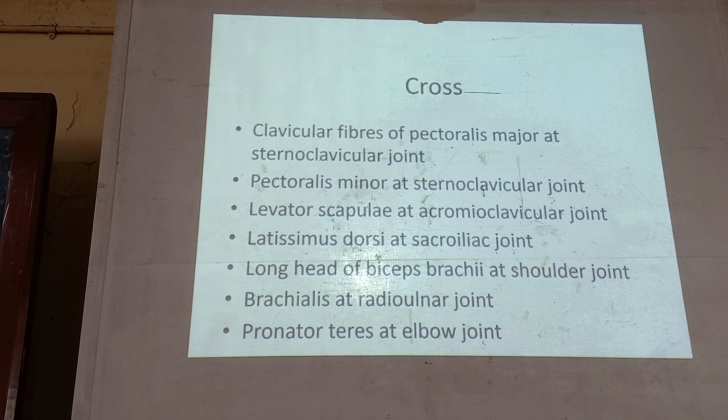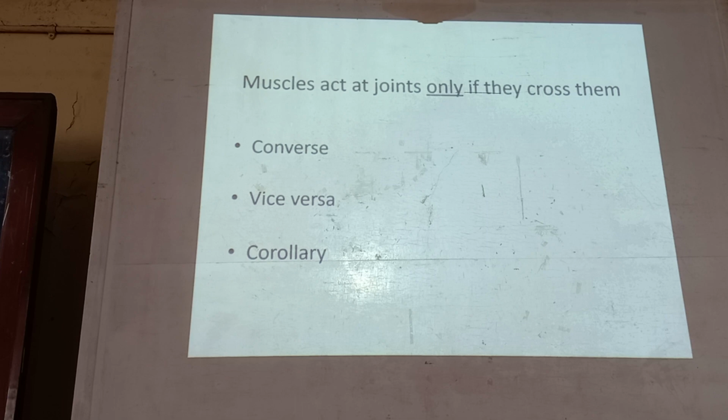So the statement, muscles act at joints only if they cross them, you should understand what is the converse, what is vice versa, what is corollary. We often use these terms interchangeably. Let's try to understand. I have a dog whom I like very much.